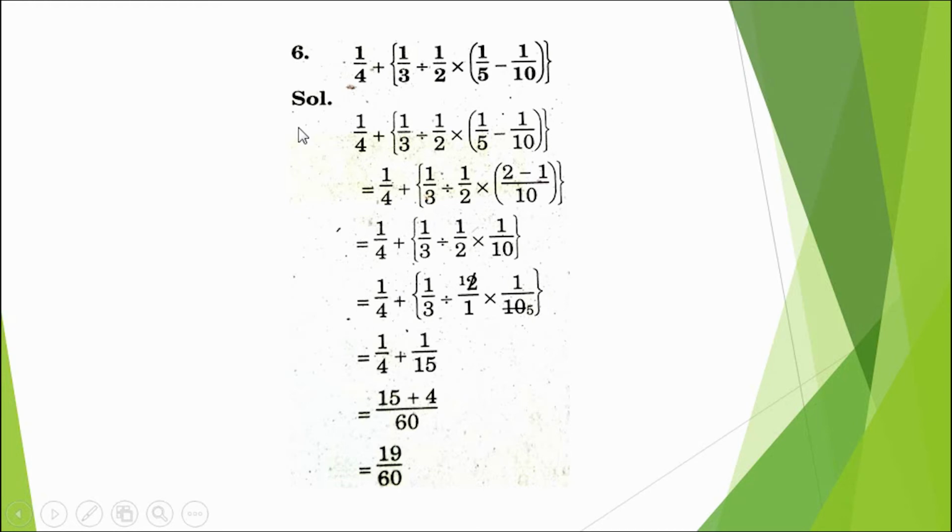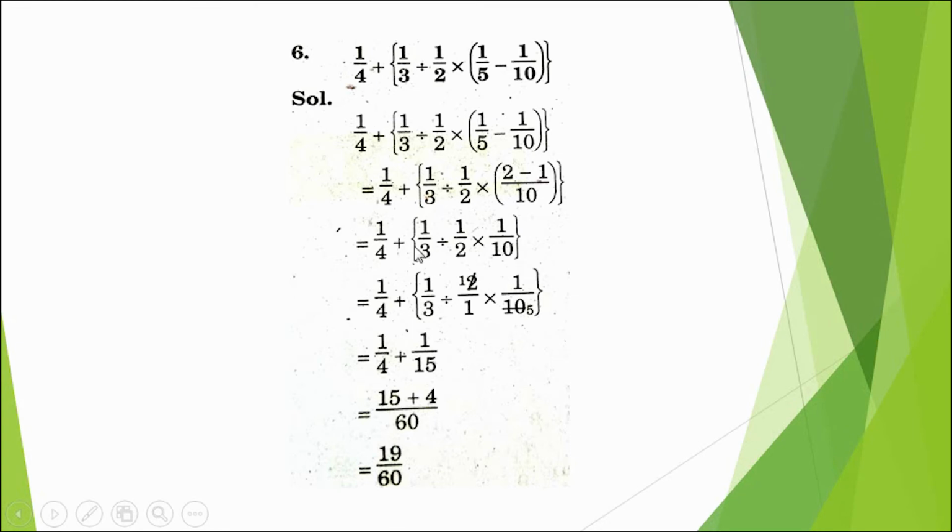Now question number 6. 1 over 4 plus curly brackets 1 over 3 divided by 1 over 2 multiply round bracket 1 over 5 minus 1 over 10 round bracket curly brackets. First of all, we solve the round bracket.